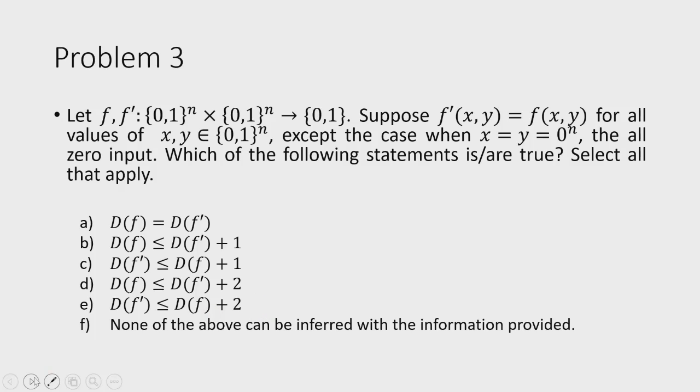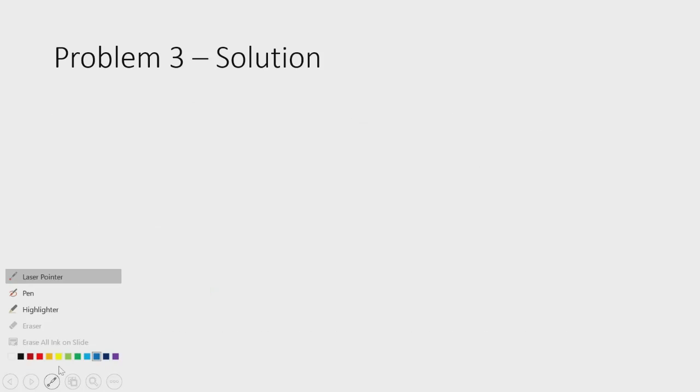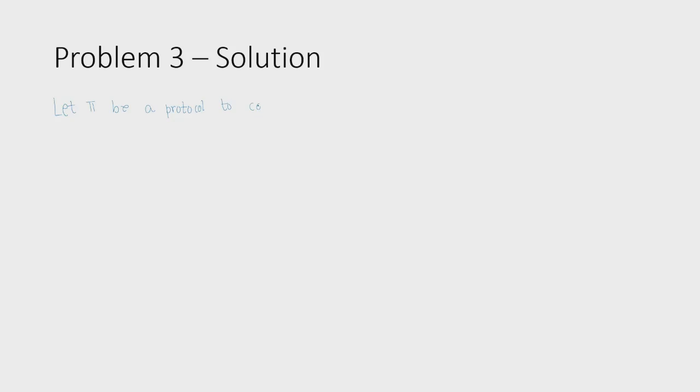Now let's see which are true. The answer is D and E, and let's see why. Let pi be a protocol to compute F. Consider the following protocol pi prime.